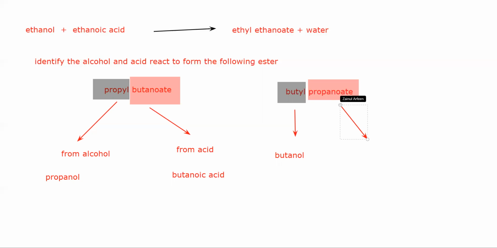Because the question is which alcohol and which carboxylic acid react to form this ester. The ester is butyl propanoate, so the alcohol which reacts is butanol and the acid which reacts is propanoic acid. Is it clear?